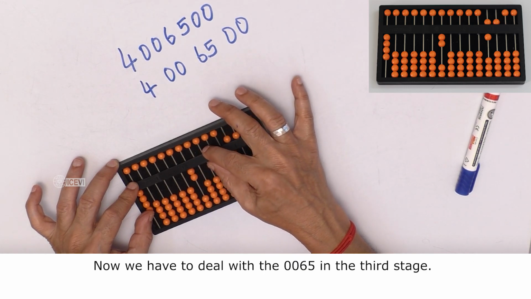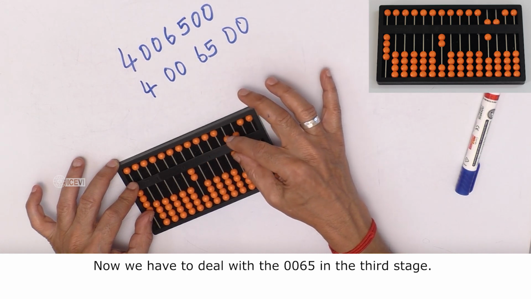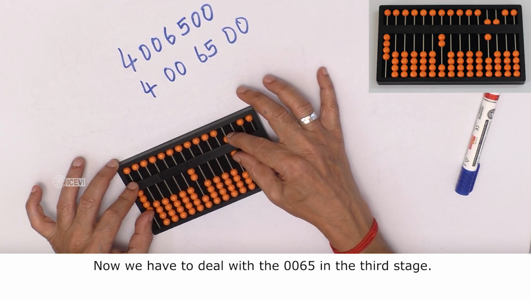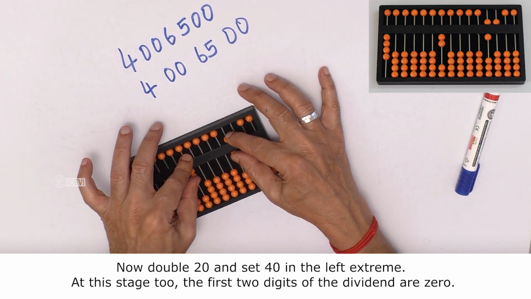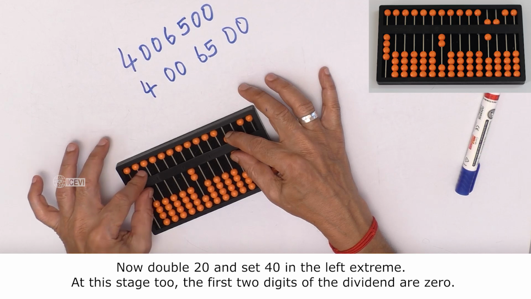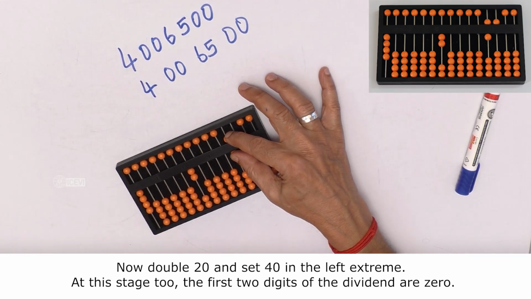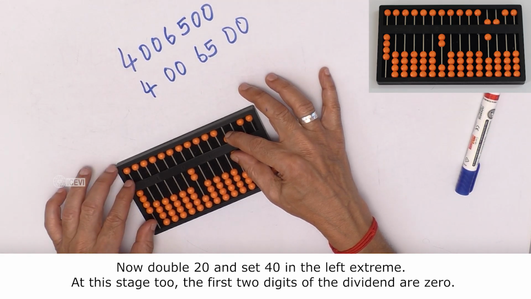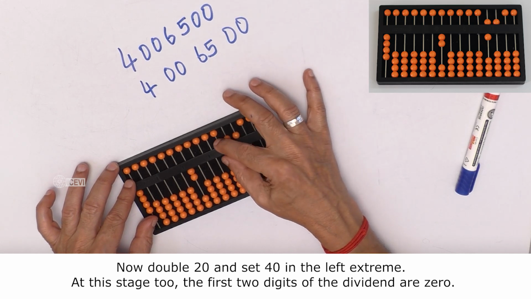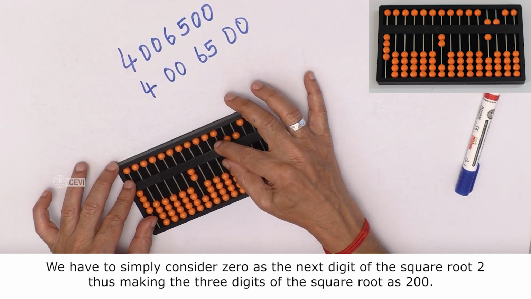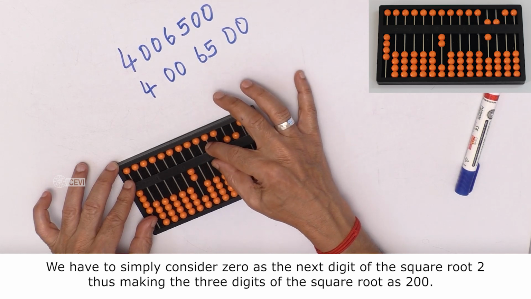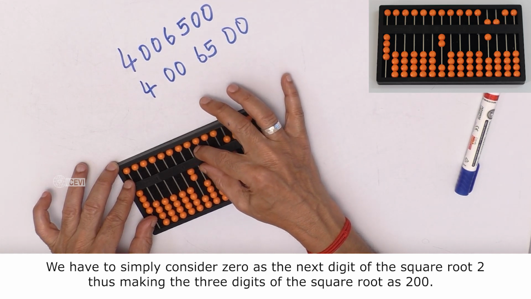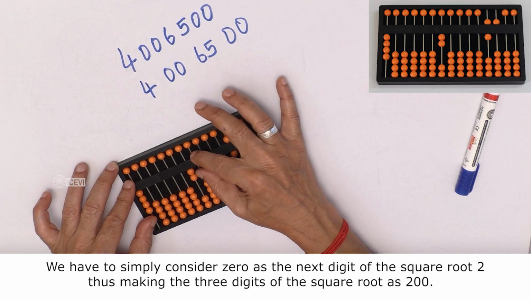Now, we have to deal with 0, 0, 6, 5 in the third stage. Now, double the 20 and set 40 in the left extreme. At this stage too, the first 2 digits of the dividend are 0. We have to simply consider 0 as the next digit of the square root 2, thus making the 3 digits of the square root as 200.